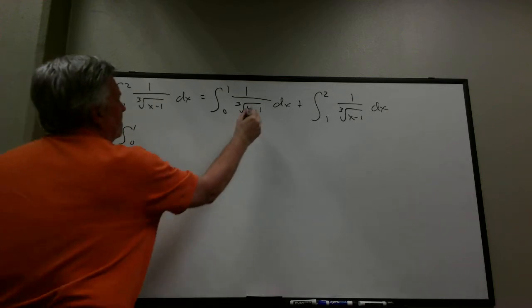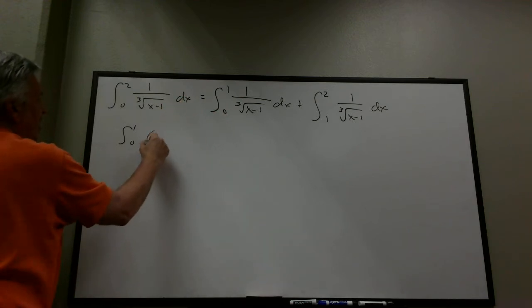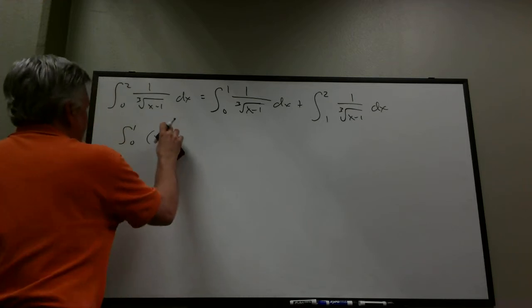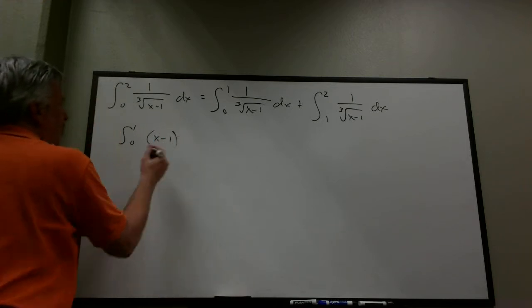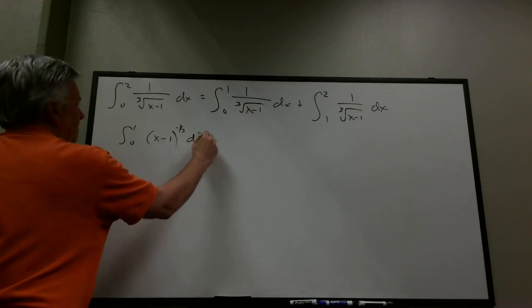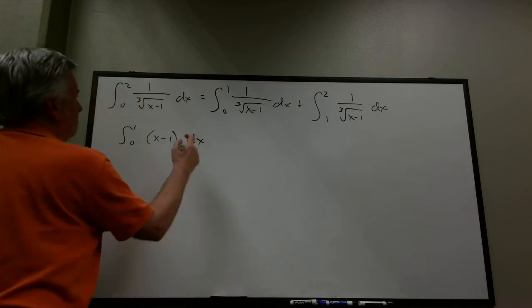Since we're going to integrate this, let me rewrite this not as a quotient. That's x minus 1 to the minus 1/3 dx. I'm just kind of looking ahead.